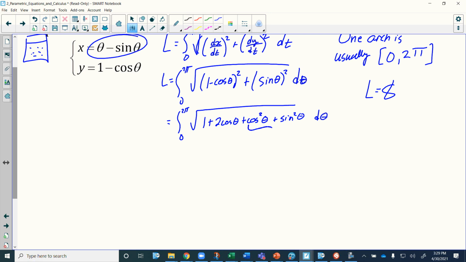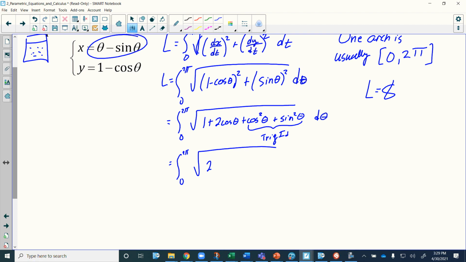And of course here, this is your trig identity. So that's going to be a 1. So 1 and 1 are going to give me 2. So that'll be 0 to 2 pi, and so that'll give me the square root of 2.